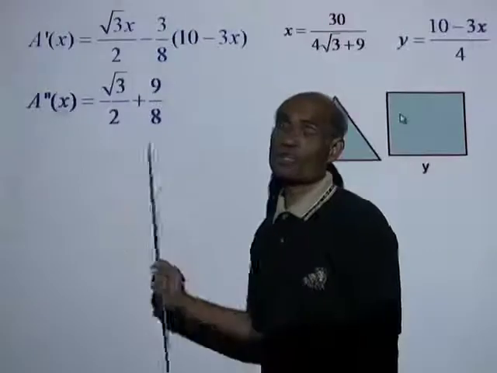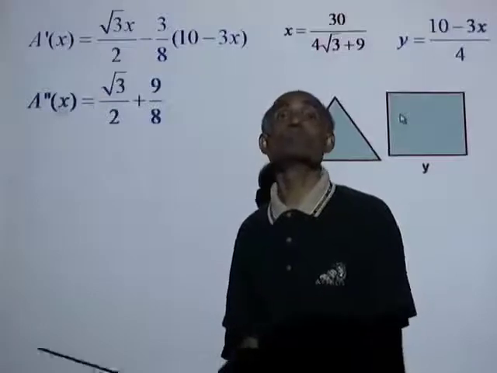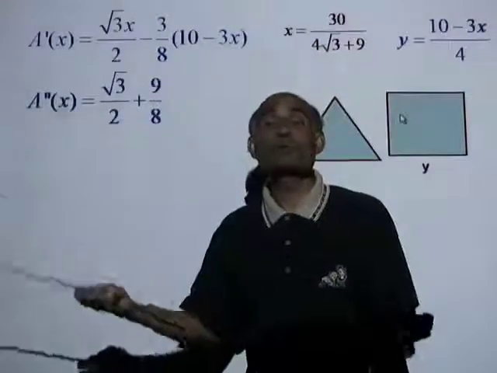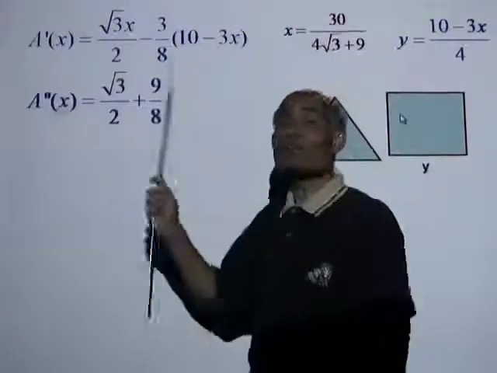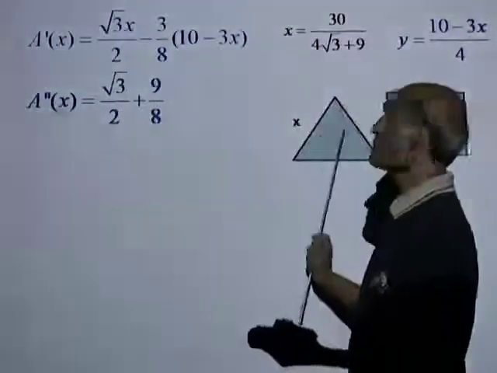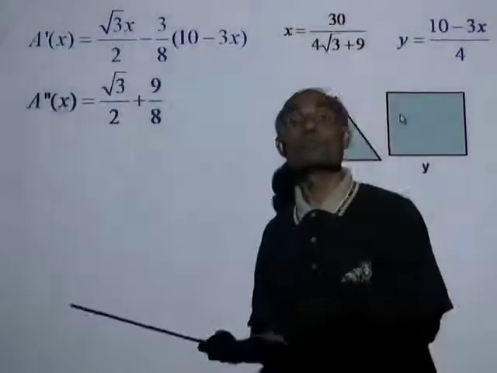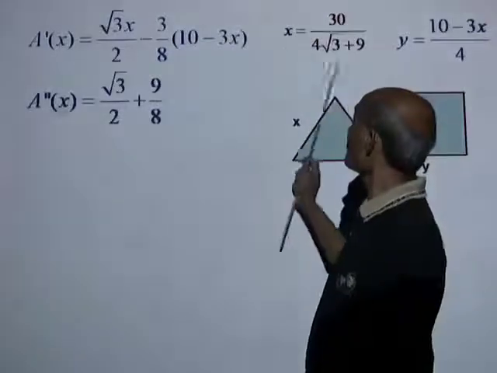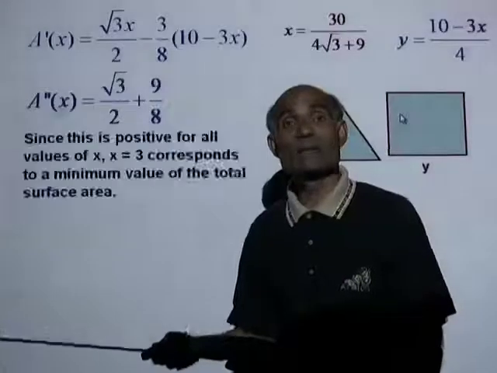Now, look at this. Can this ever be negative? No. This quantity is always positive. What that means is, for all values of x, the sum of the area of the triangle and the square will be a minimum. So at this given x value, the sum of the areas will be a minimum.